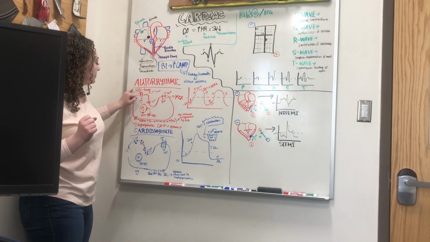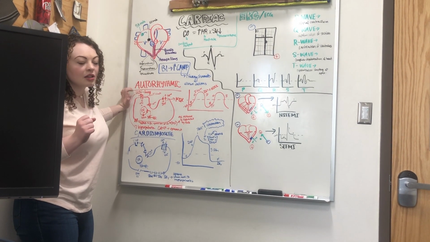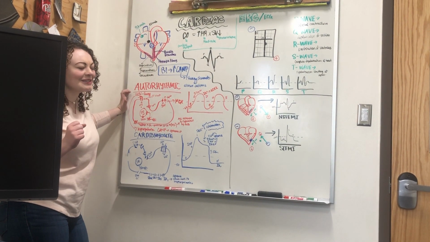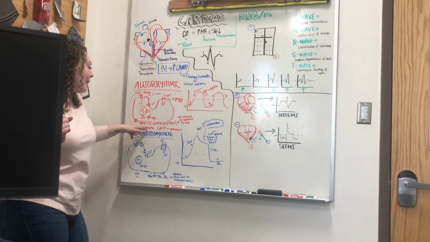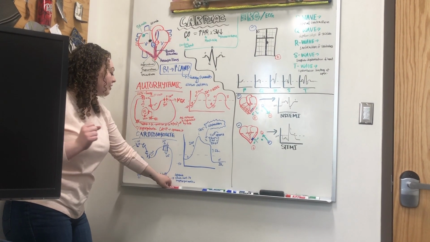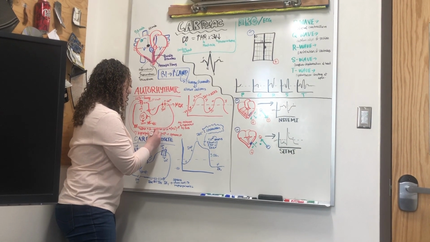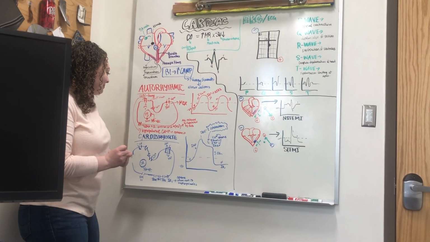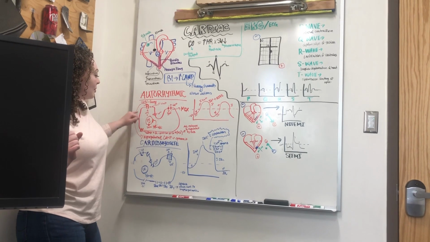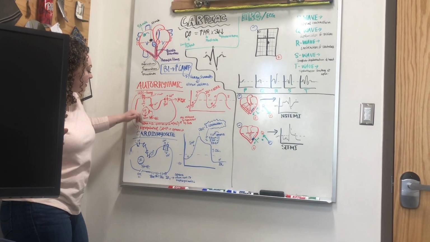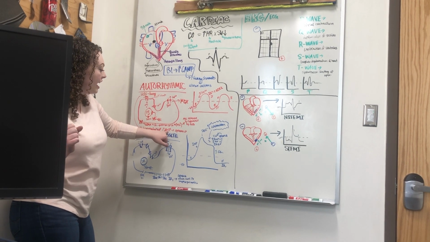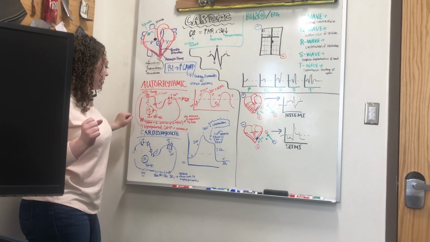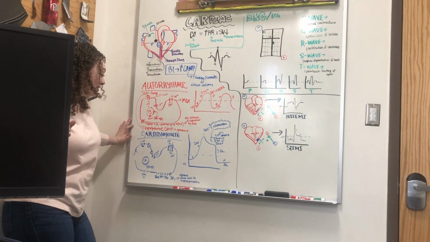The HCN funny channel, when it hyperpolarizes the cell, letting all of this come in, we have cAMP, and then cAMP comes and it opens this. So okay, next we have our cardiomyocyte.